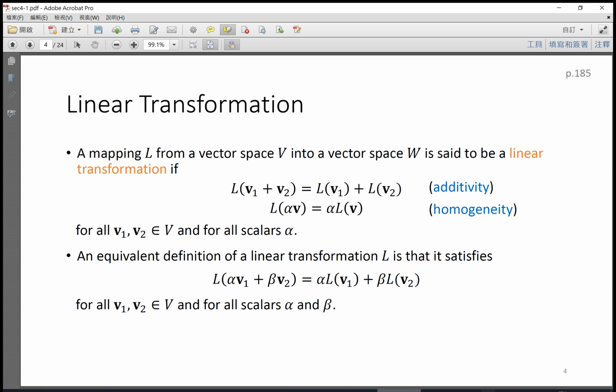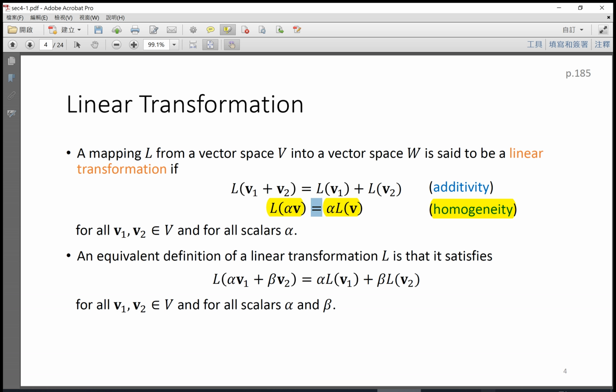Similarly, for the homogeneity property, on the left-hand side the linear transformation is applied after the scalar multiplication, while on the right-hand side, the linear transformation is applied before the scalar multiplication.